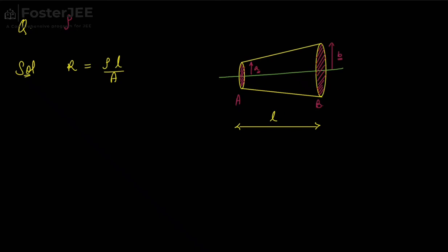What will we do in the integration? We will take up a small element and write the resistance of this part, which is a type of disc.